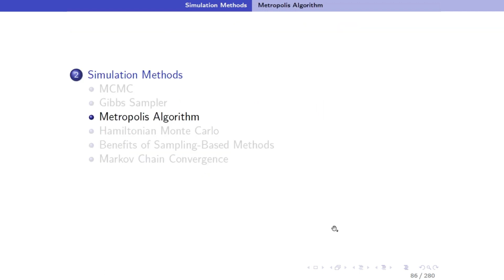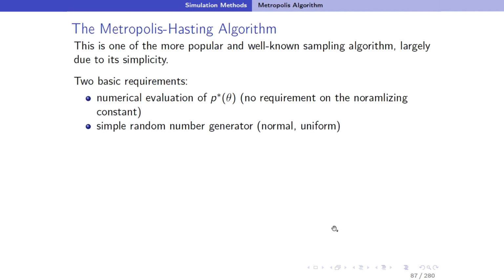And this is where the Metropolis algorithm comes in. The Metropolis algorithm is essentially a general sampling algorithm that puts a minimum amount of requirement on what one needs to know about the distribution you are sampling from. So it's sort of like a magical thing.